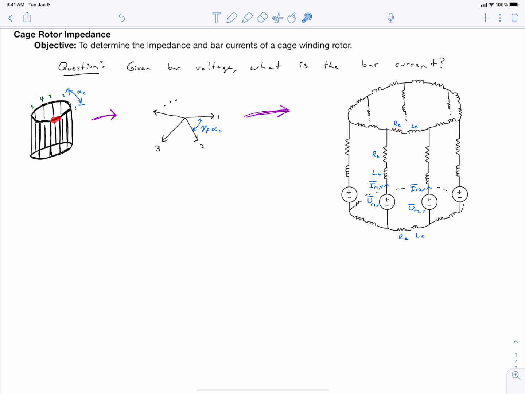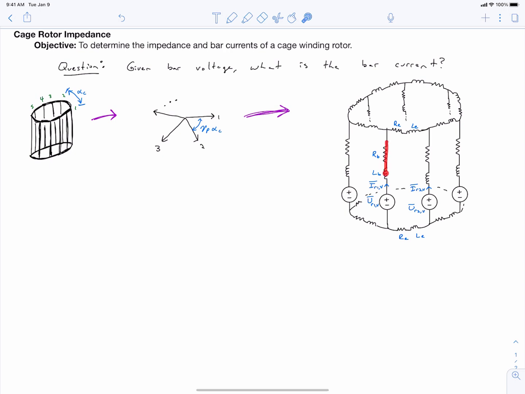We're also going to have some leakage inductance, which is flux that links the end ring of the rotor, but doesn't cross the air gap and link the stator winding. Similarly, on our rotor bar, each bar is going to have some finite amount of resistance, as well as a certain amount of leakage inductance, which again is flux that links that rotor bar but does not cross the air gap and link the stator winding.